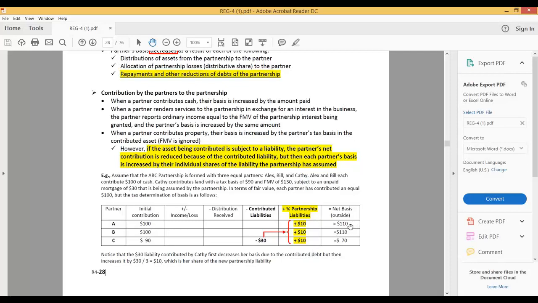So the net basis at the end of the day for A is the $100 cash contribution plus percentage of partnership liability, which is $10, so $110. Likewise for B, and for C, it's $90, the carryover basis of the property, less the liabilities contributed, which is $30, plus a share of partnership liability $10, resulting in a total basis of $70. Remember, guys, this is unique for partnerships, not for the other types of corporations, S corp or C corp.